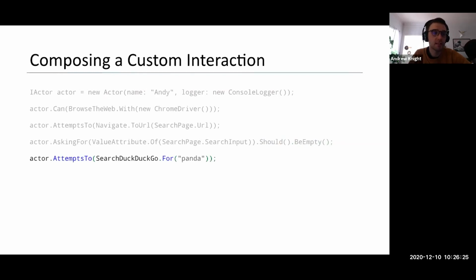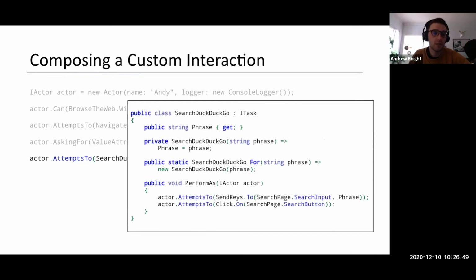The test case's next step is to enter a search phrase. Doing this requires two interactions: typing the phrase into the search input and clicking the search button. However, since searching is such a common operation, we can create a custom interaction for search by composing the lower-level interactions together.